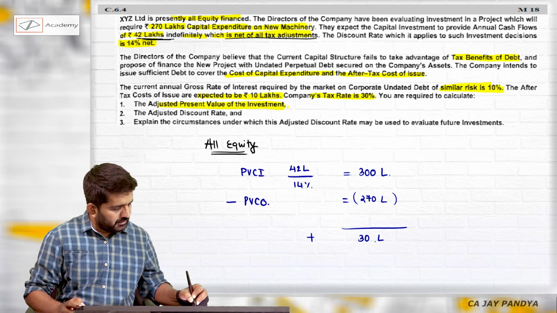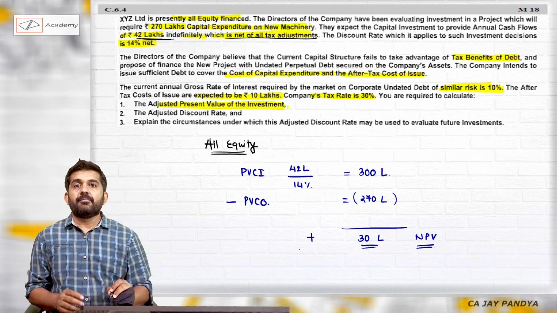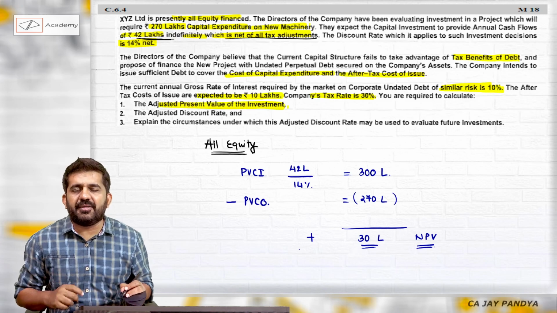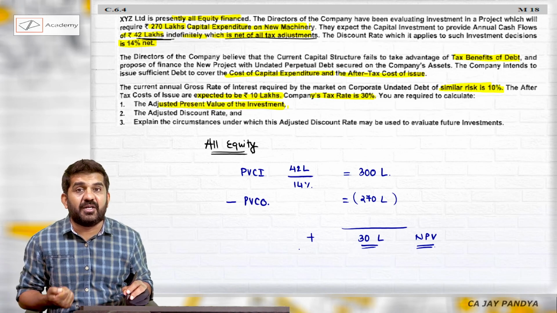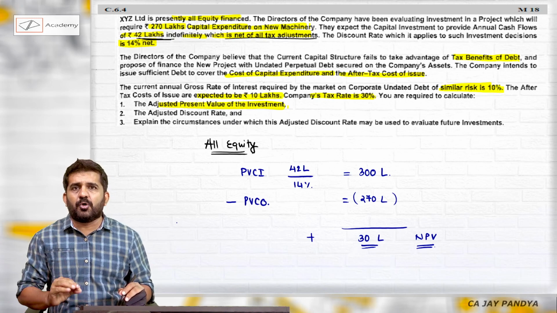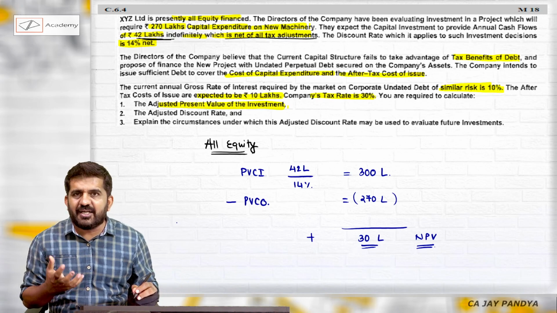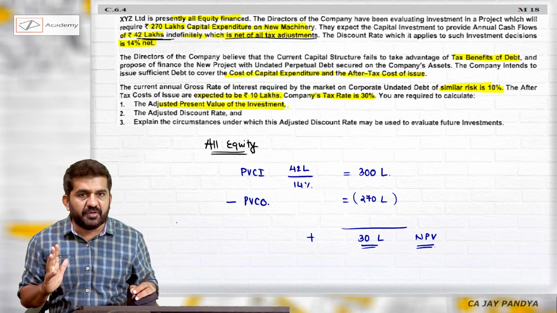Plus 30 lakhs is nothing but the net present value. If this firm continues to be all equity financed, then this will be the scenario. The NPV of this project, if everything is financed through equity, will be positive 30 lakhs. If it is positive 30 lakhs, the company should go with this proposal.